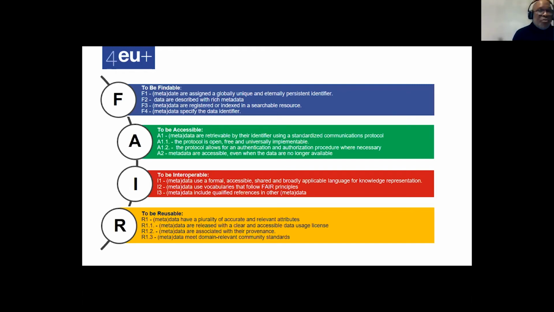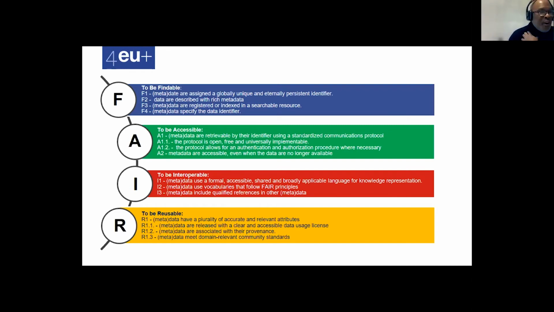For instance, each domain may have different vocabularies that relate to that domain. So you're going to be using the ontology, you're going to be using the domain-specific community guidelines and standards, which will allow you to describe the data, which will allow the data to be found and thereby be reused.